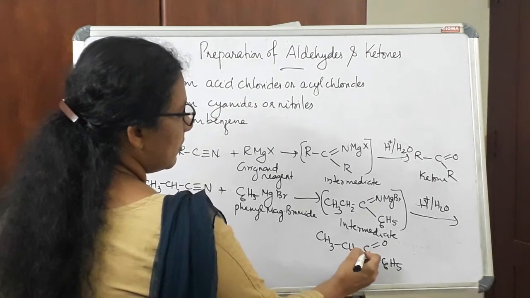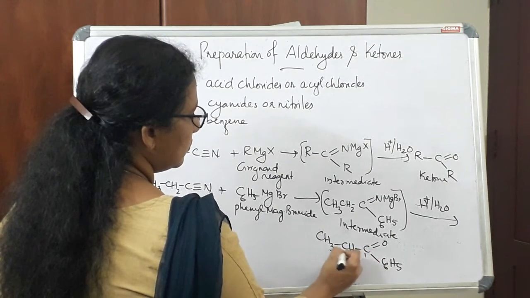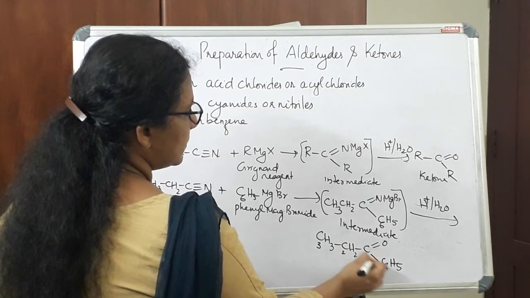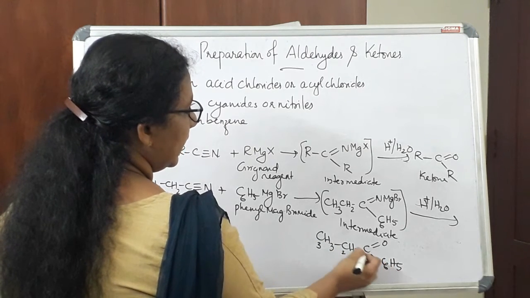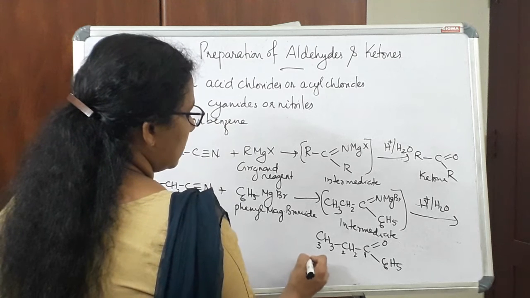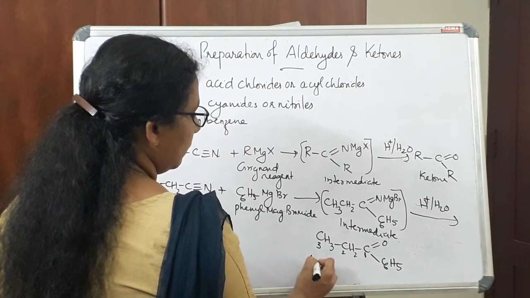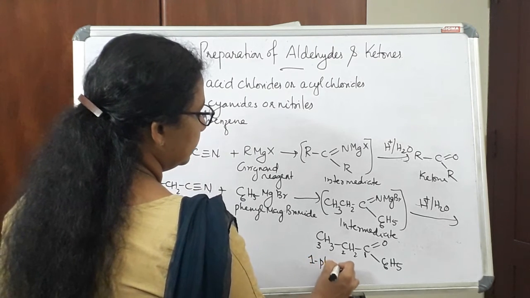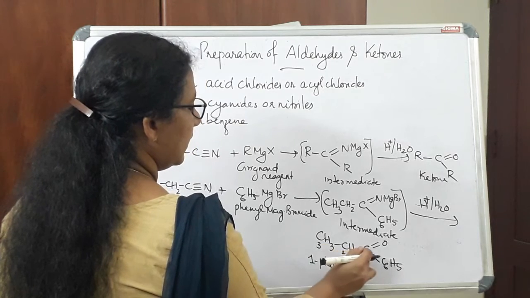So let us name this compound. This is the first position, 2, 3. So first position phenyl group is attached. So we can write the name as 1 phenyl. So 3 carbon atoms are there.